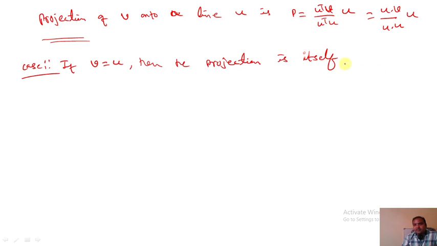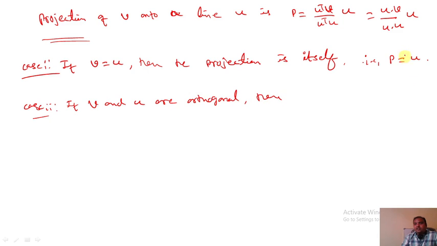The projection is itself, that is P equal to U. Next, case 2: if V and U are orthogonal, or perpendicular, then the dot product is 0, and 0 into some vector is 0.